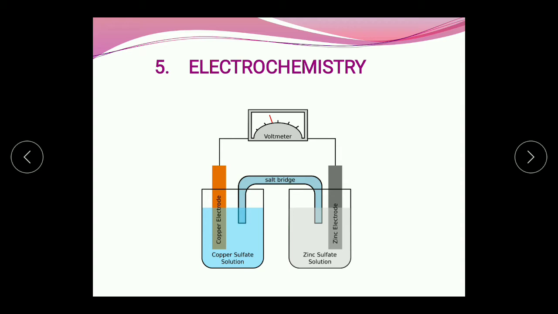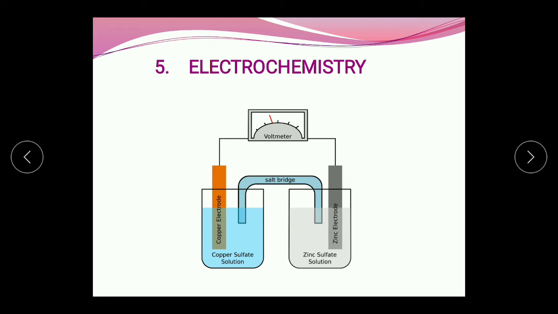Because the anode is positively charged, the negatively charged Cl- ions will migrate towards the anode and there they get oxidized. That means the negative charge is removed in the form of electrons. And two chlorine atoms combine together to form chlorine gas and two electrons are removed.